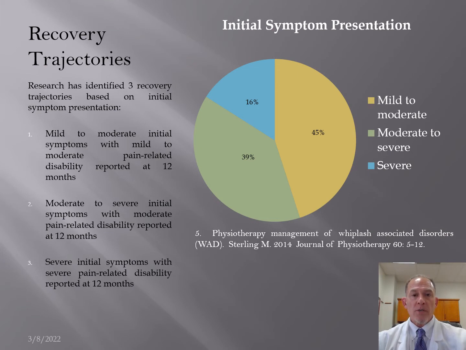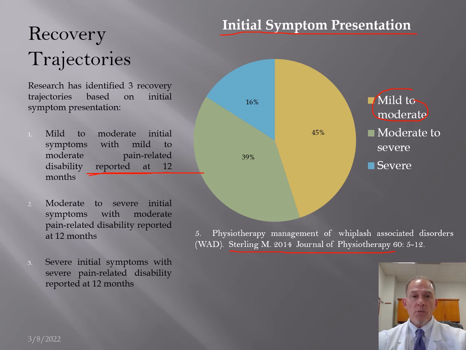So here's an interesting study which correlates patients' initial symptoms following whiplash with difficulties at the 1-year post-accident mark. Sterling and her co-workers in the Journal of Physiotherapy were able to conclude that those patients who came in with mild to moderate whiplash were still having difficulty with function and activities of daily living to a mild to moderate degree, which corresponded with their symptoms at the 12-month post-accident date.